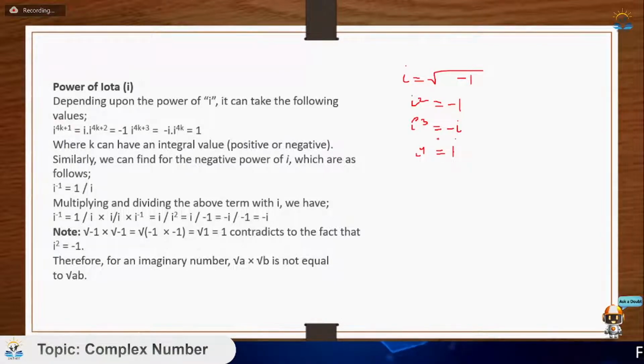So always remember iota power 4 is 1, so iota power 4k would be equal to 1.